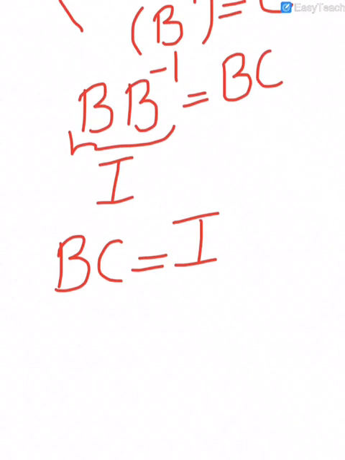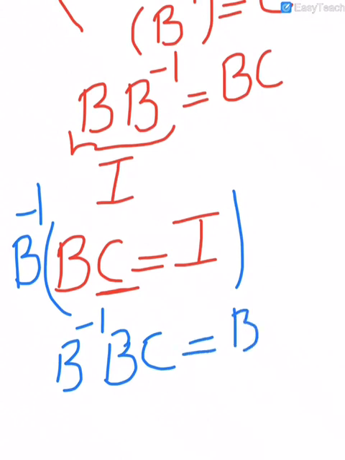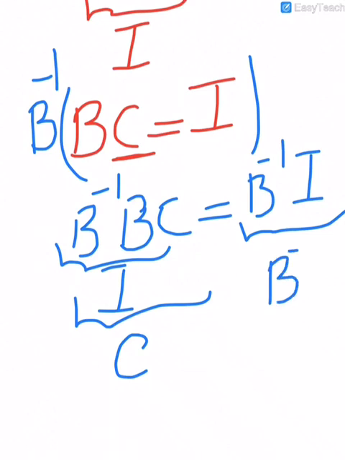I'm in search of matrix C, right? So now I multiply both sides by B inverse. It will be B inverse B times C is equal to B inverse times I. B inverse B is going to be I, and I times C is going to be C. On the other side, B inverse I is going to be B inverse.